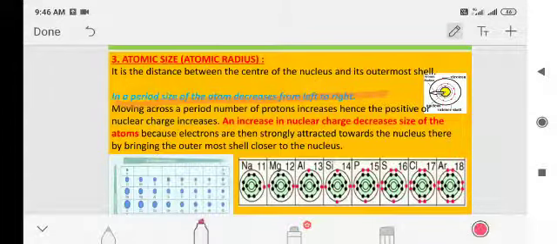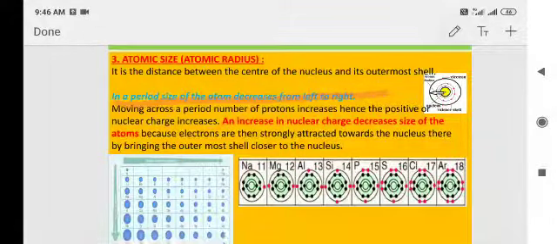Listen carefully. If we take the example of sodium, atomic number 11, magnesium 12, while you move across a period, atomic number increases 1 by 1. That means the number of protons in the nucleus increases 1 by 1. एक एक करके protons का number बढ़ता जा रहा है.